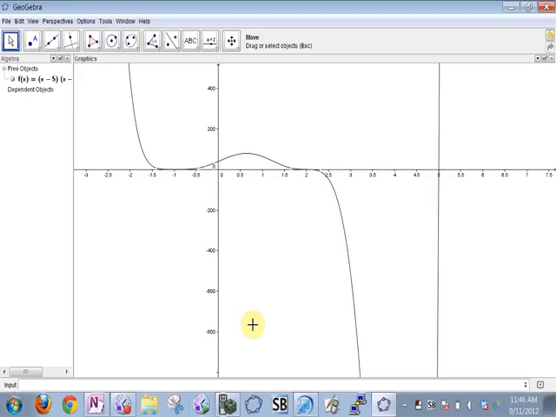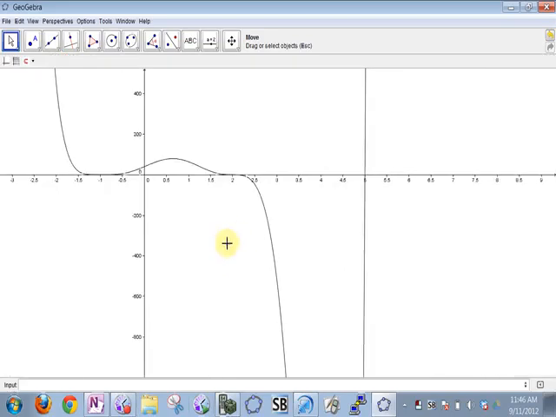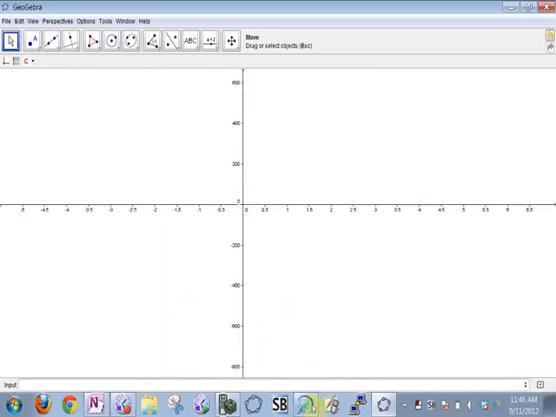Okay? Let me create another one for you, and I'm not going to show you what the equation is. I'm going to let you guess by looking at the picture what degree it is. So hopefully I can create a good one here. So let's pause the screen. Okay.